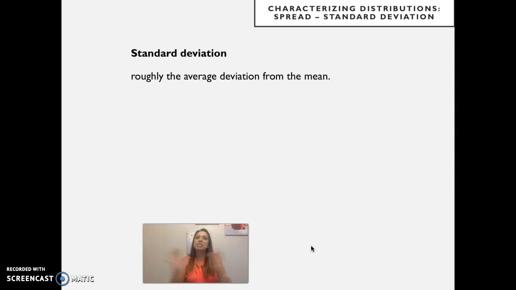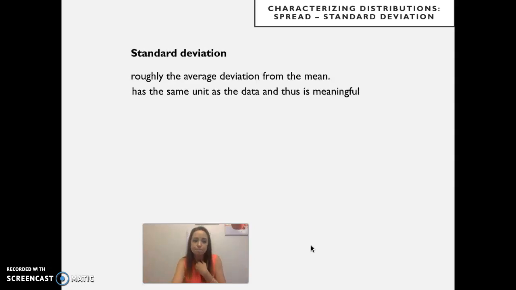And we end up with this thing that's too large because it's the averaged square deviation. To bring it back to a meaningful scale, standard deviation is simply the square root of the variance. If we take the square root, now you have the standard deviation, which is in the scale of the data set. So it has the same unit and is meaningful.